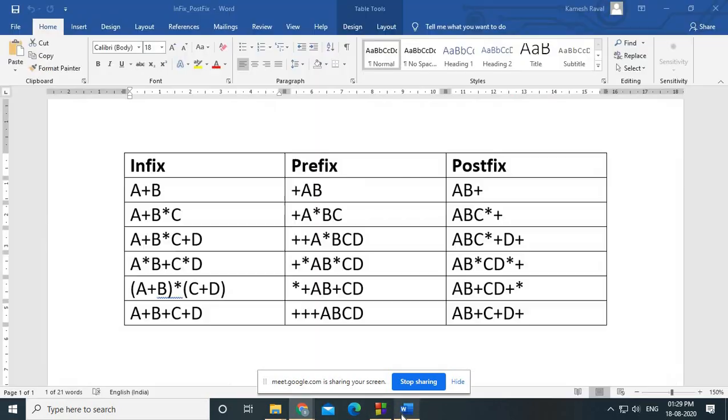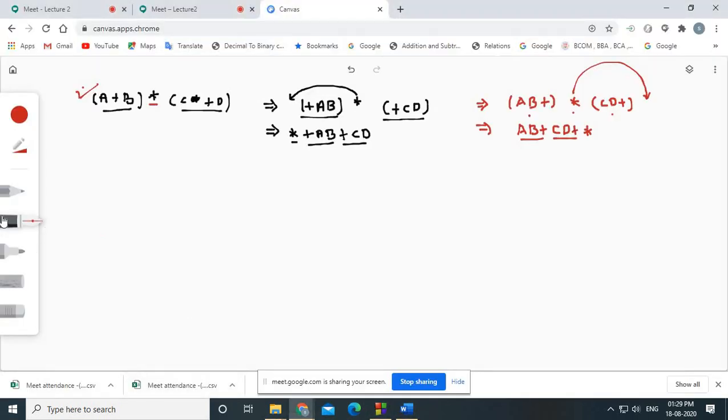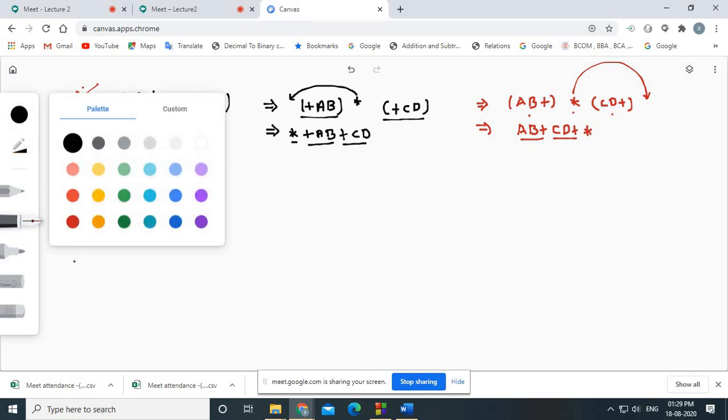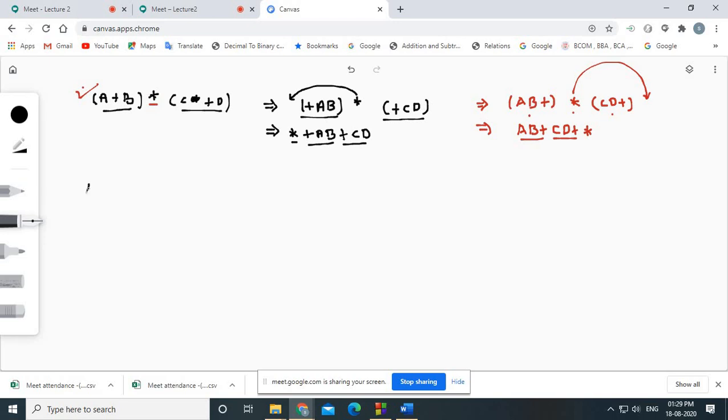We'll take one more example. Let this be what is given to you: A plus B plus C plus D, and you need to convert it into prefix and postfix.